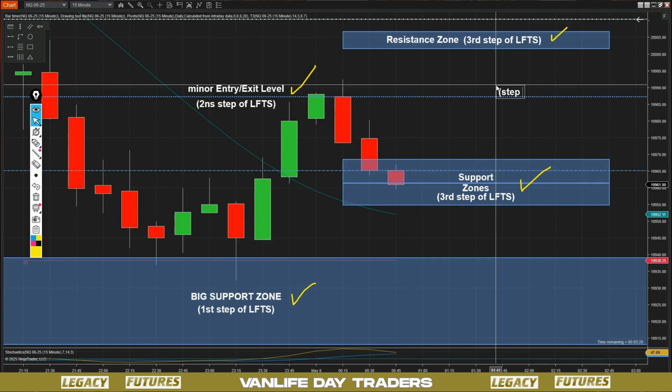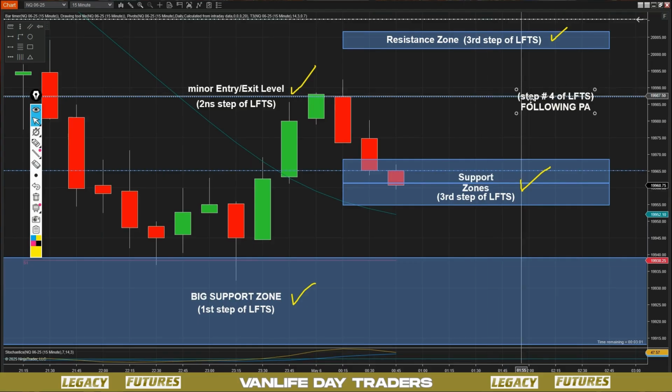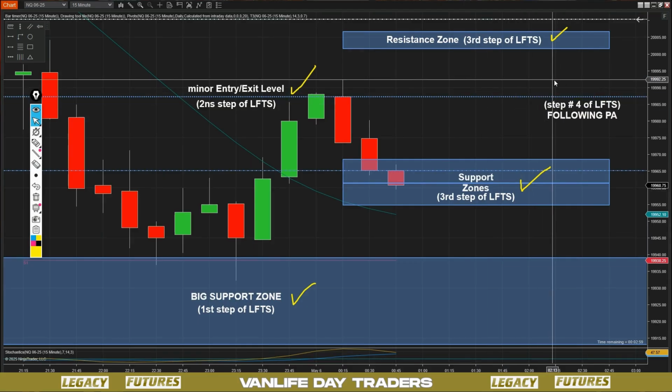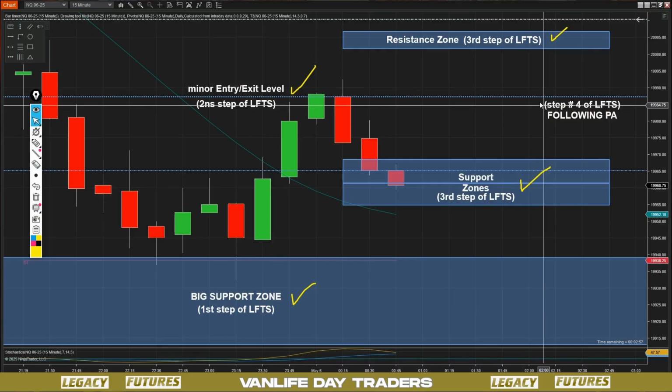Step number 4 of legacy futures trading strategy: following PA, price action. Okay, that's exactly what we are waiting for.